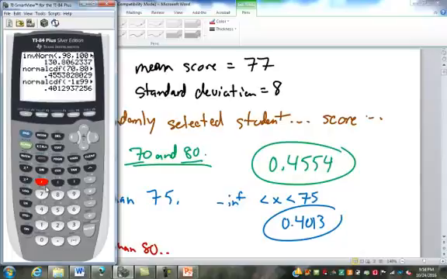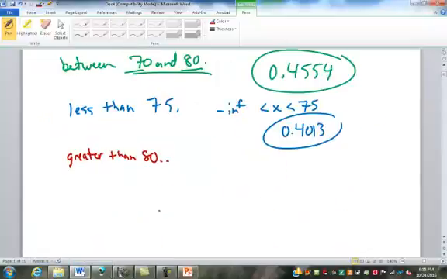So 1, second comma for E, 99. Mean is 77, standard deviation of 8 still. Close, enter. 0.3538. So that's how we can find those probabilities.